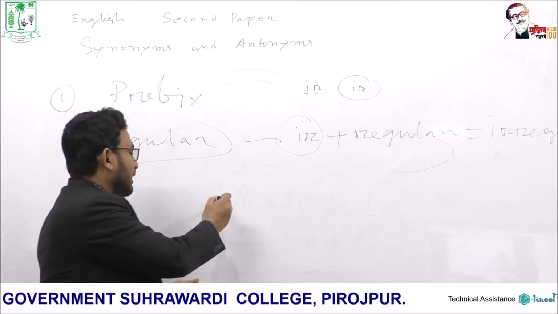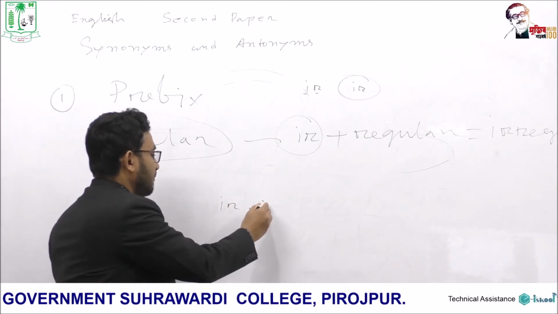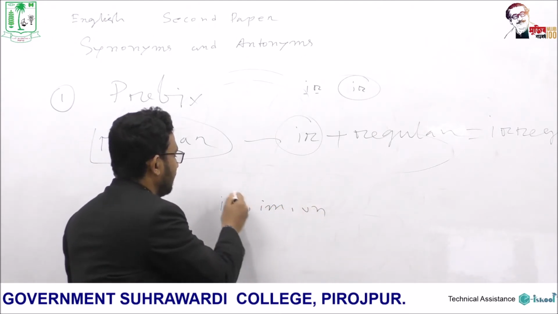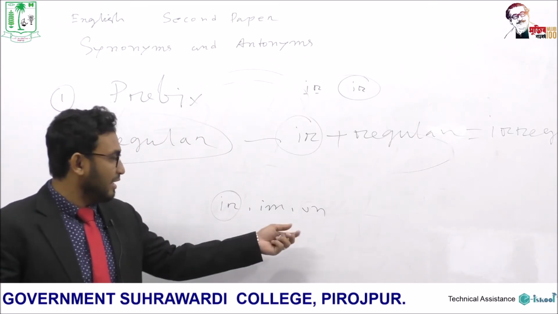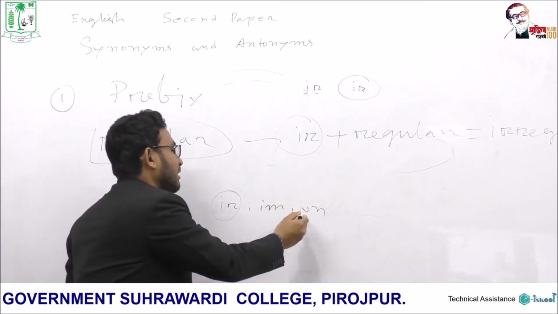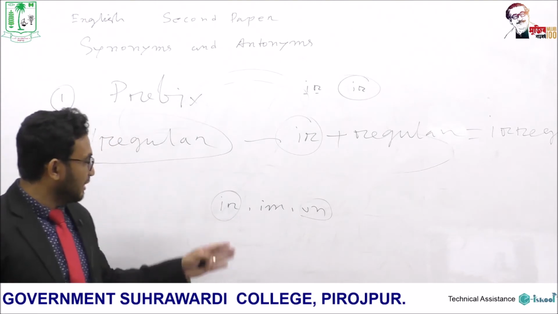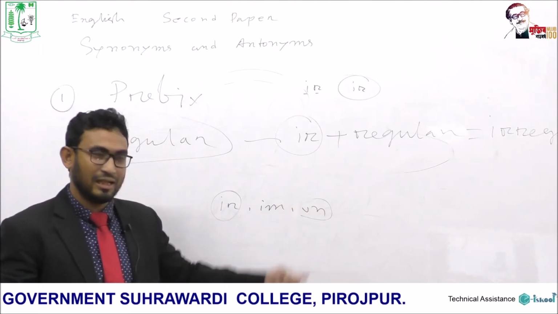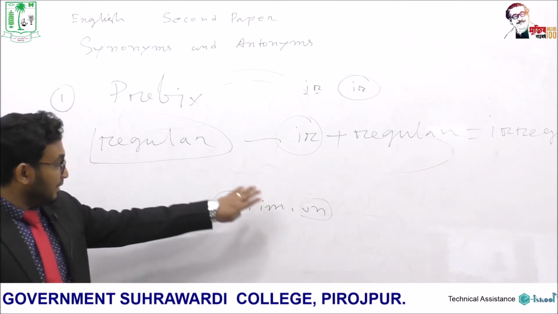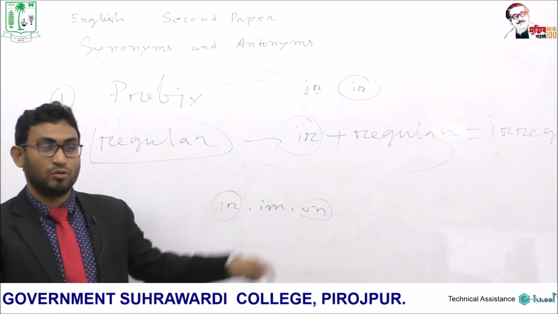That is ir, im, an. Ir has no meaning, im has no meaning, an has no real meaning in this sense, because we know there is no word like ir, there is no word like im, there is no word like an. So they cannot perform like other words.